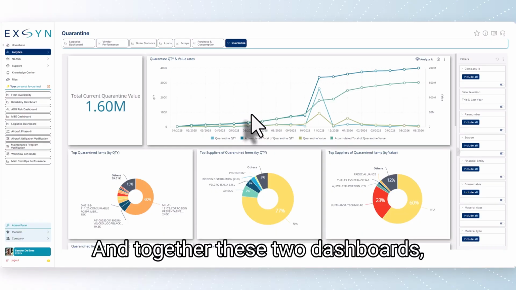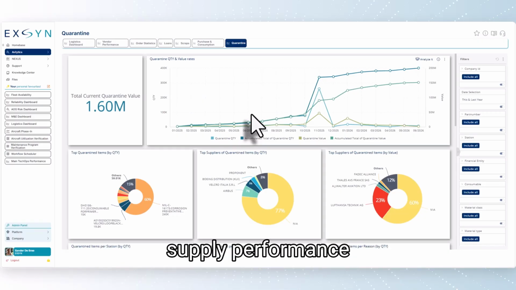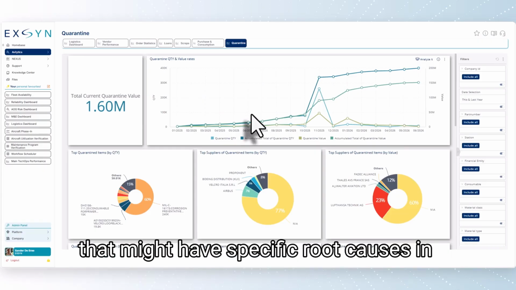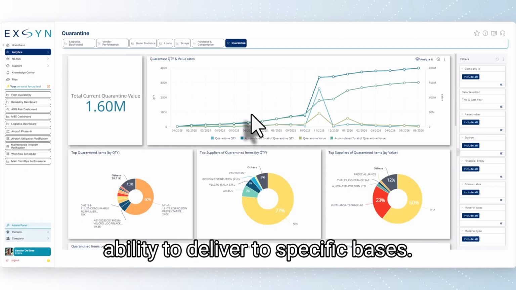And together, these two dashboards provide meaningful insights into potential bottlenecks in supply performance that might be associated to individual suppliers, that might have specific root causes in quarantining items, that might have specific root causes in ability to deliver to specific bases.